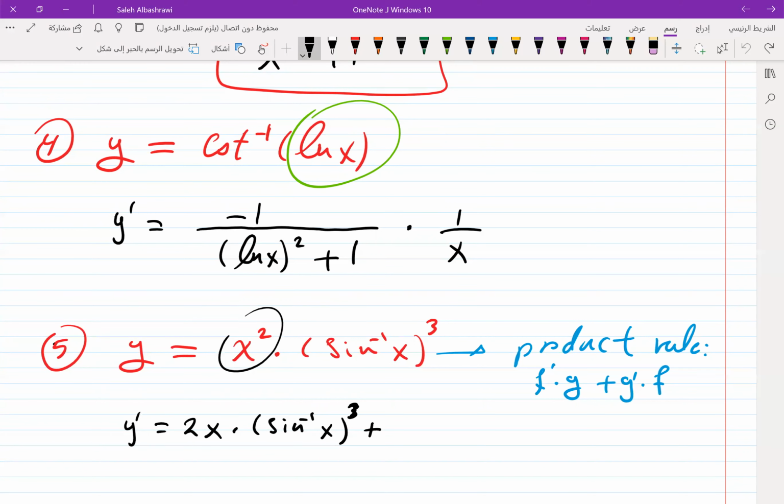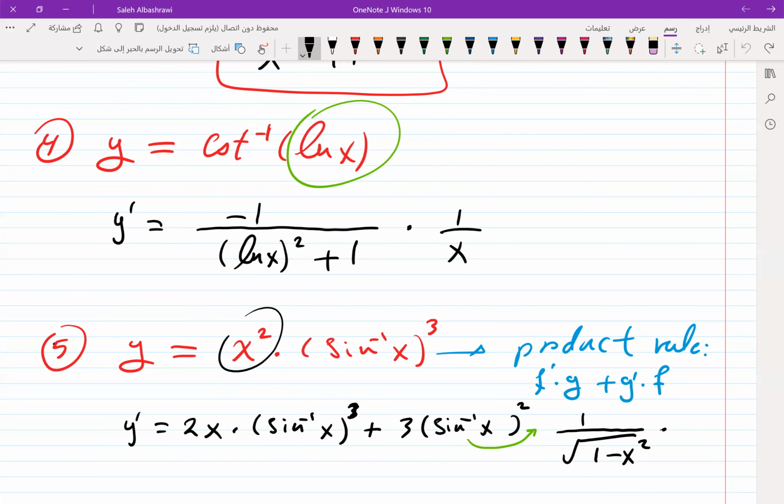I have power and I have inverse inside. By the chain rule, we differentiate the power first. It is 3 multiplied by the function to power 2. Then differentiate what is inside. The derivative of sine inverse is 1 over square root of 1 minus x squared. Now this is the derivative of the second function.